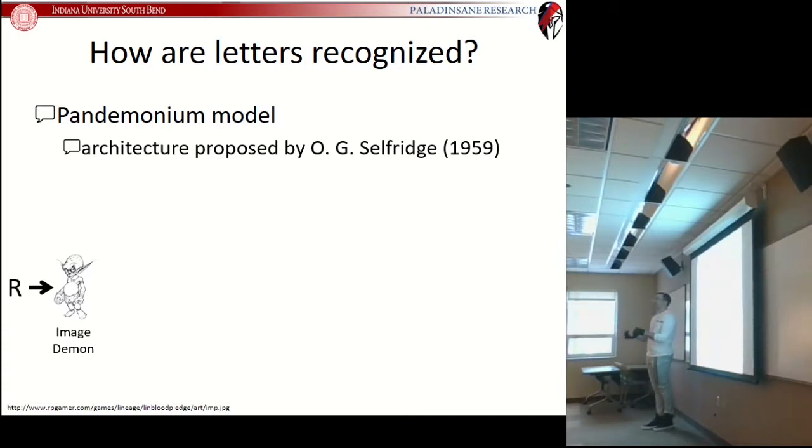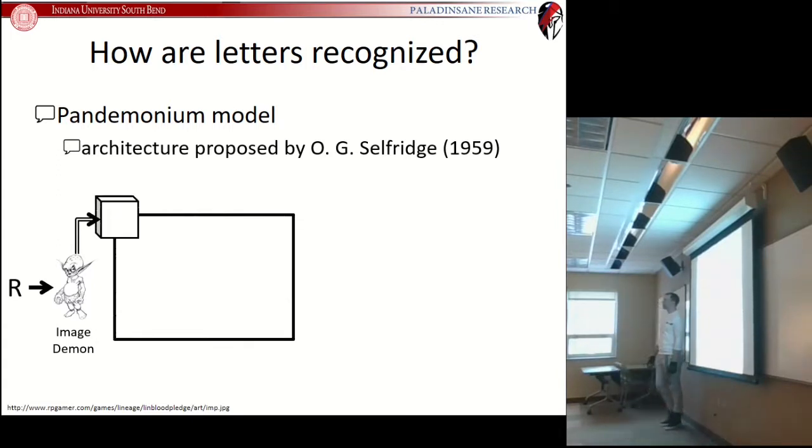It does not mean that at the implementation phase we actually have little demons running around in our brain doing this type of cognition. But it means that at the representational phase, our model of what's going on in our mind is like an image demon, and that image demon sends this information up to a television screen that is in the corner of a room.